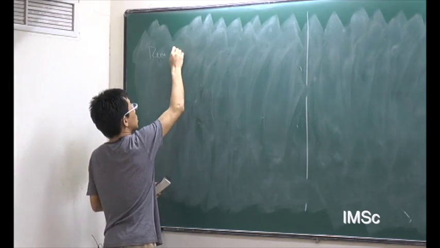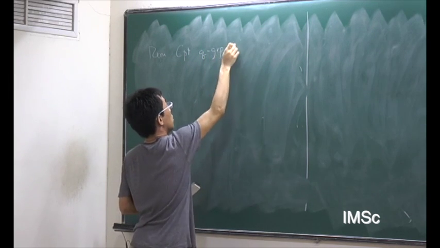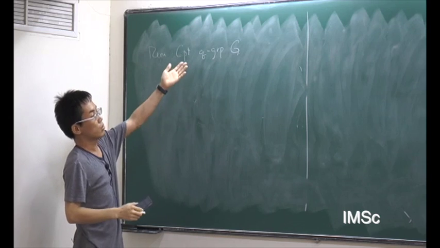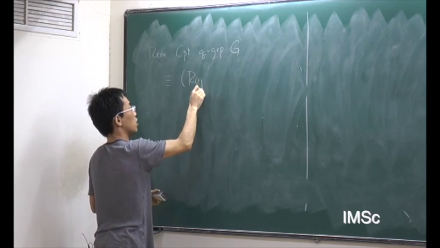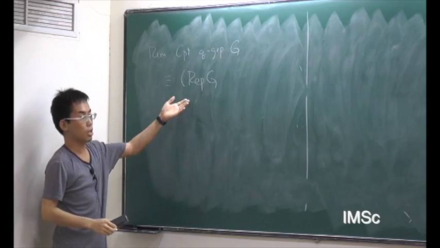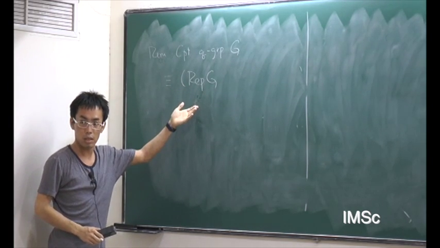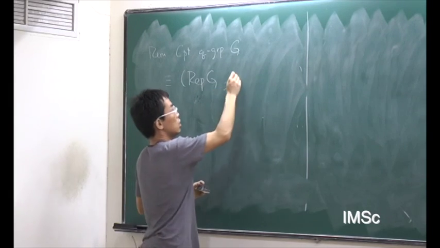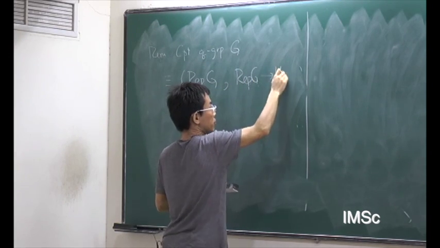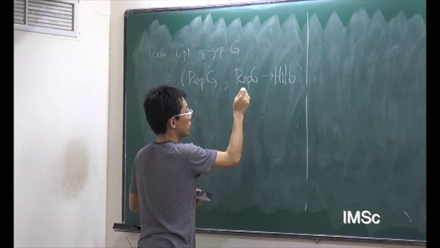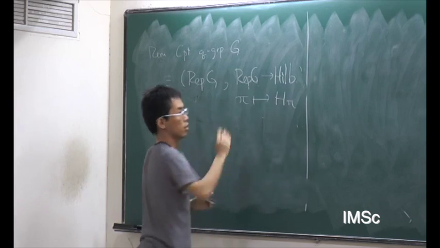So to think about a compact quantum group G is the same as thinking about the abstract category of unitary representations, which is a C-star tensor category, together with a tensor functor which forgets the information of the representation and just gives the underlying Hilbert space.